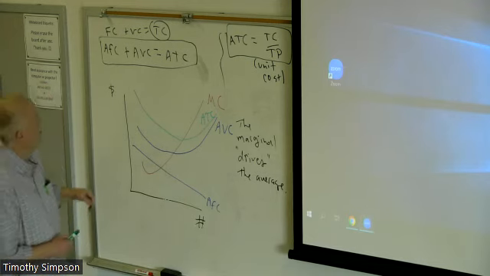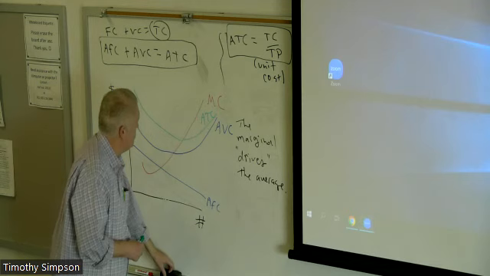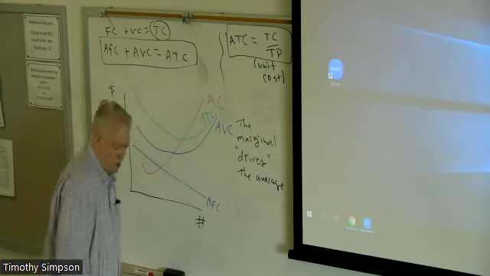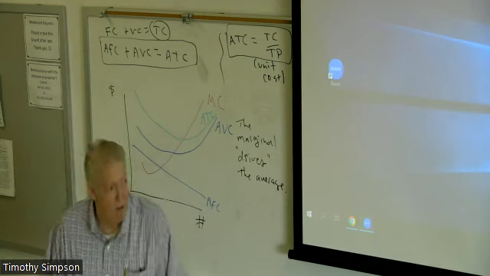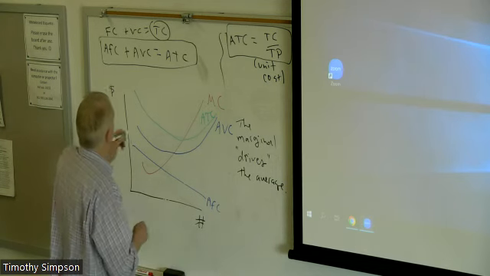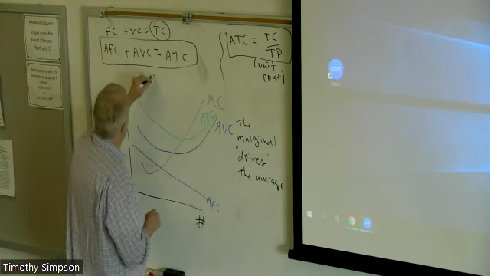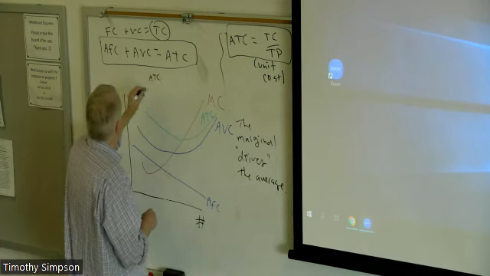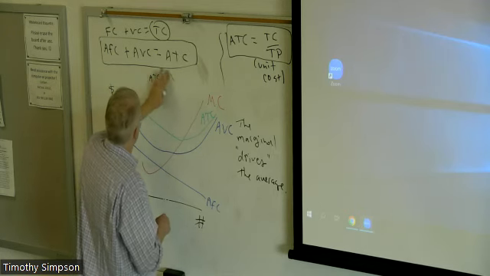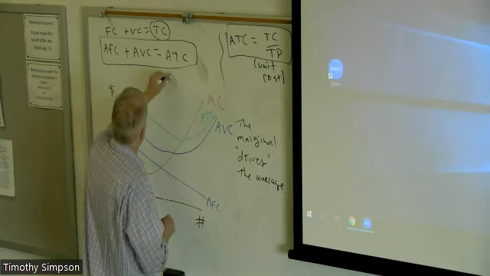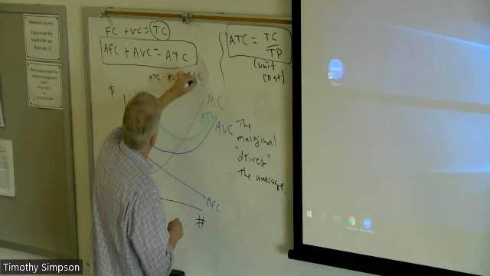Because why? What is that difference? Remember, it's a word problem in algebra. What is the difference between average total cost and average variable cost? If you subtract the two of those, it's average fixed cost.